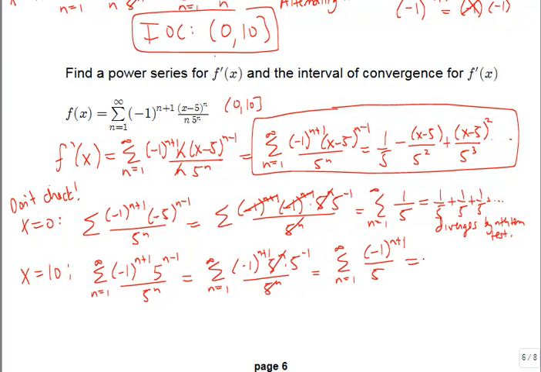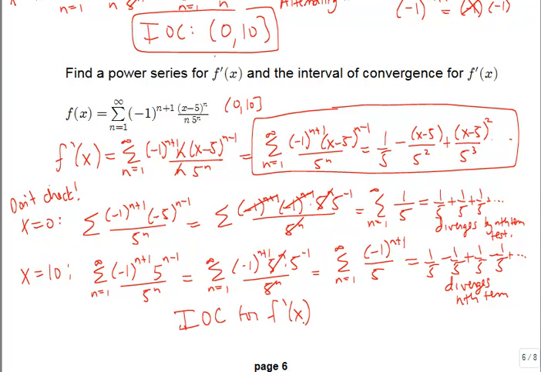So when n is 1, this is a fifth. When n is 2, this is minus a fifth. When n is 3, it's plus a fifth, minus a fifth, and so on. Does that converge? No. It diverges again because the nth term is 1/5 every time, so the nth term isn't going to 0. So both of these diverged, which means my interval of convergence for f prime of x is just 0 to 10 with parentheses.